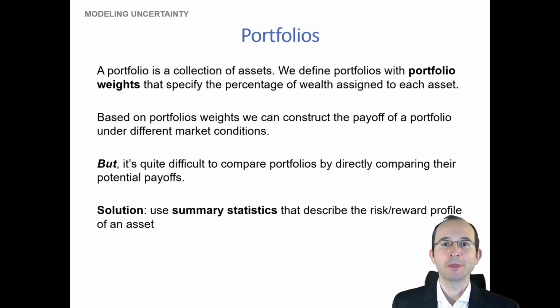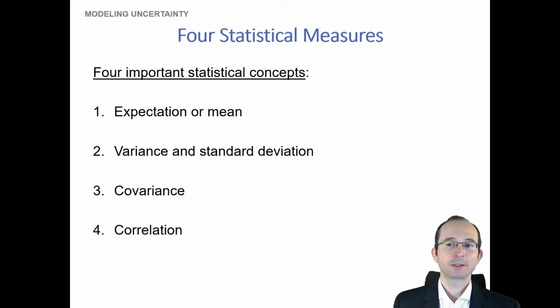And as we saw with the continuum of riskiest to least risky portfolios in our prior discussion, the mean and standard deviation are pretty good candidates for boiling down the risk-reward profile of any portfolio. So let's talk in a bit more depth about these.